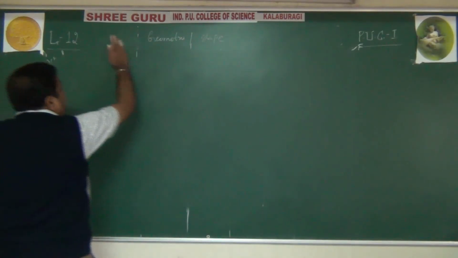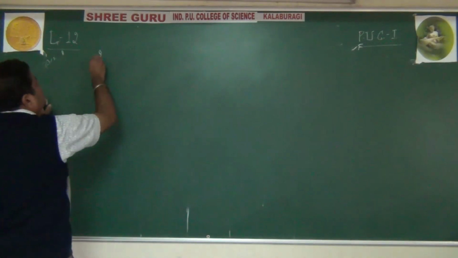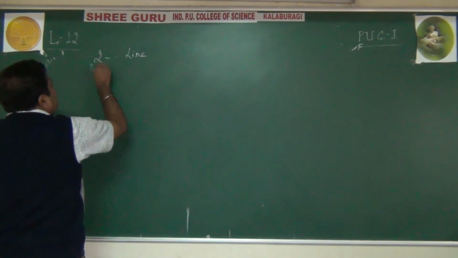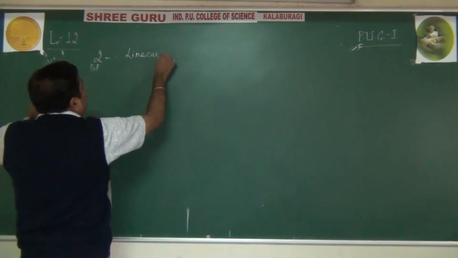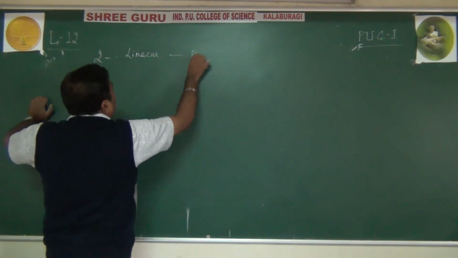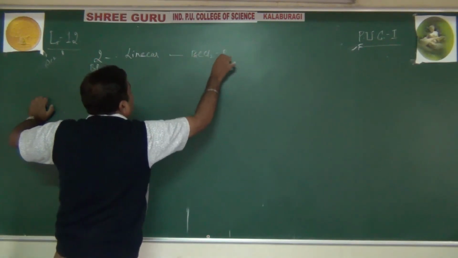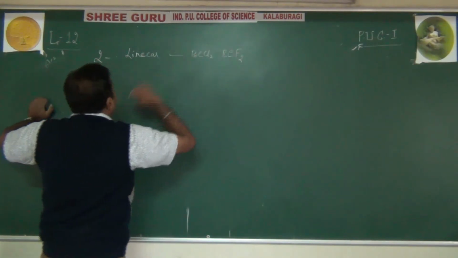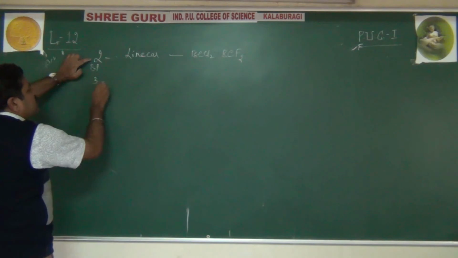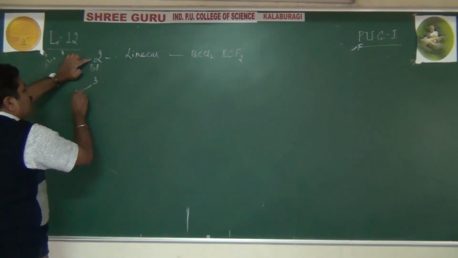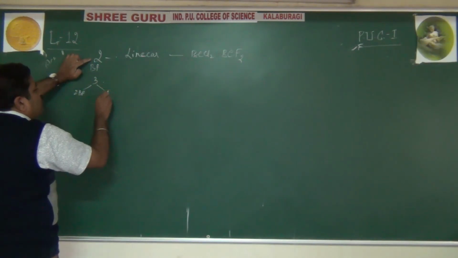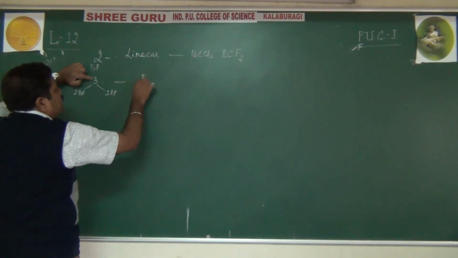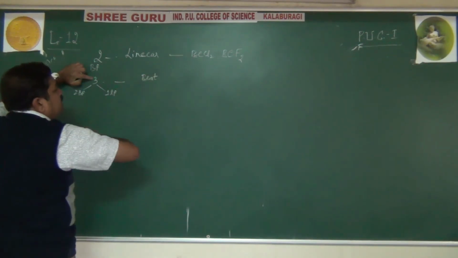If the number of electron pairs is 2, all bonding pairs, linear geometry, beryllium fluoride is the best example. If the number of electron pairs is 3, out of that 2 bond pairs, 1 lone pair, deviated geometry is bent.